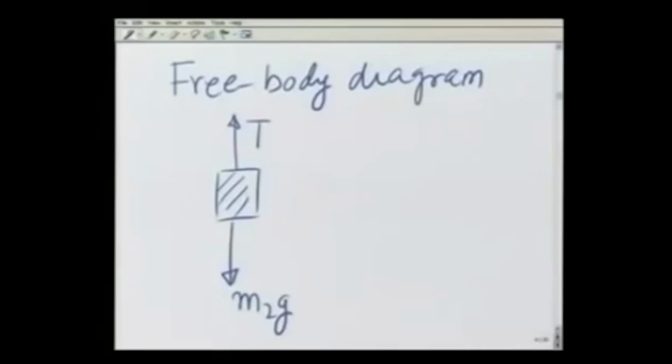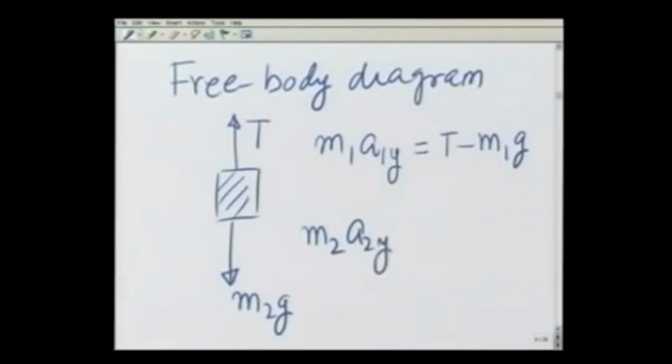If you recall from the previous slide, m1g and m2g are acting down and T is acting up on both the bodies. So the equation of motion is going to be m1 a1 in y direction is equal to T, which is pulling it up, minus m1g. m2 a2 in y direction is equal to T minus m2g.